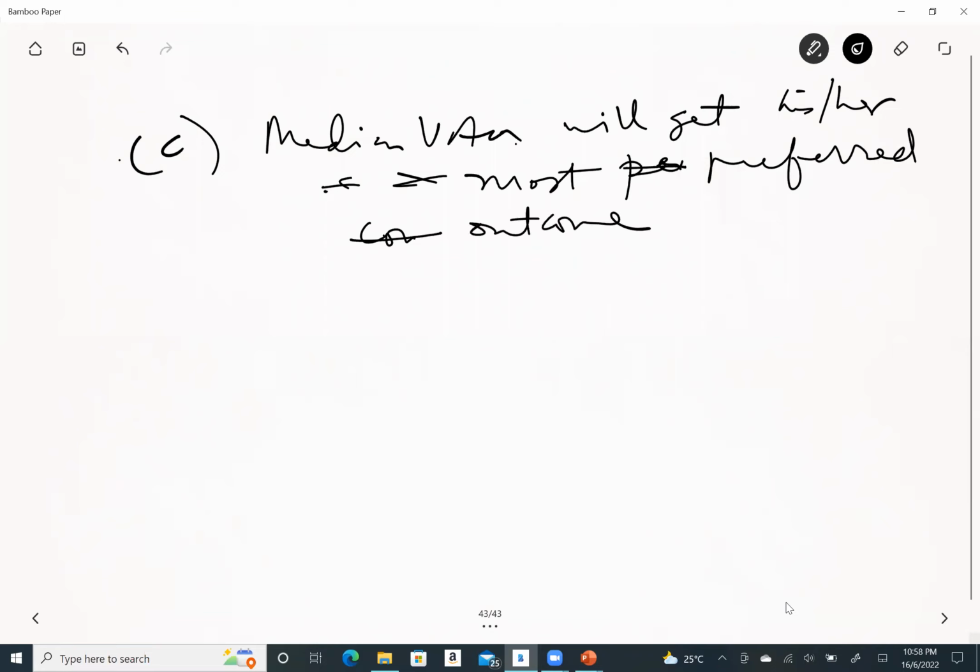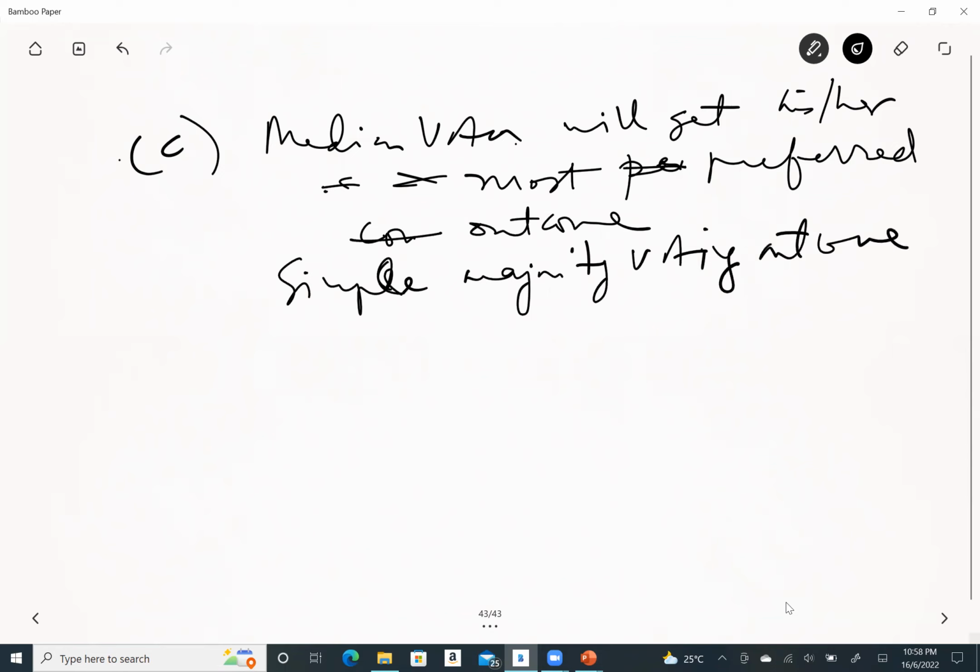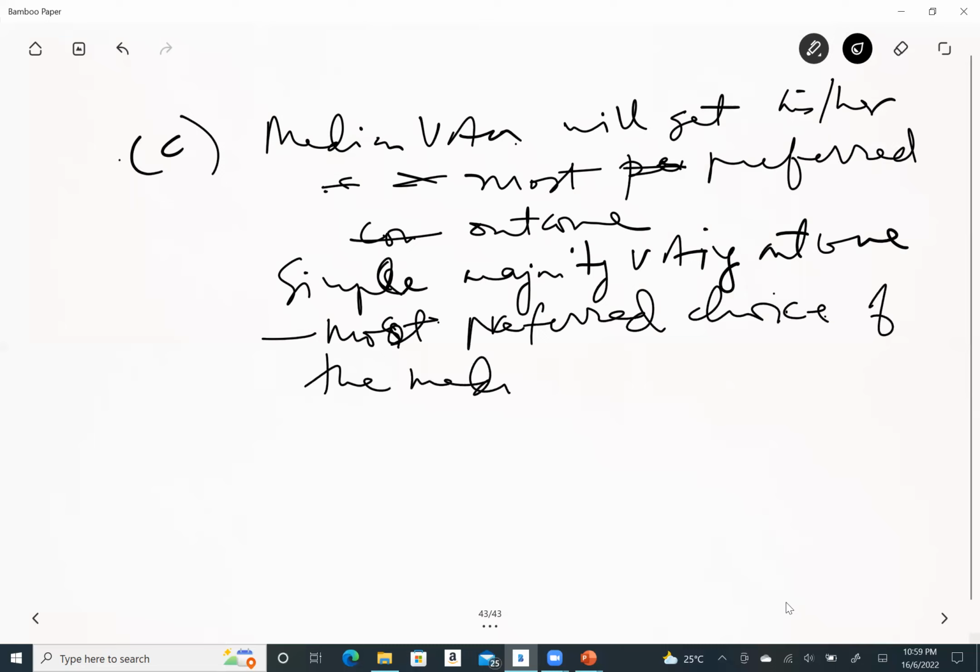And normally, in simple majority voting, the outcome is the most preferred choice of the median voter.